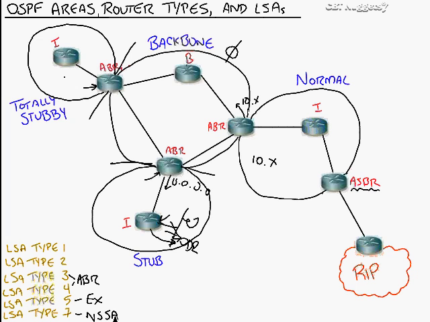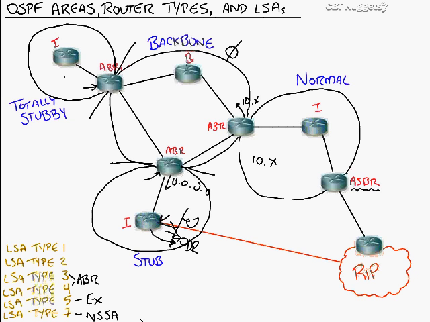Let's say that this router connected, you goofed up in your design, or maybe just your requirements demanded it. This router happened to be in Australia, and you acquired another company in Australia that was running RIP. So you have to have a router in Australia that links to it, but it's a stub area. How do we band-aid it in the meantime?